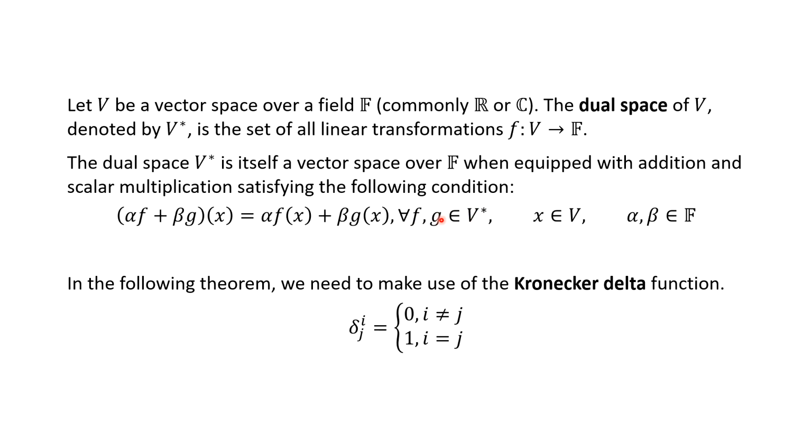So in other words, these are linear transformations. x is in V, that's our vector space, and alpha and beta are the scalars. Okay, so it's basically a linearity property that defines addition and scalar multiplication.